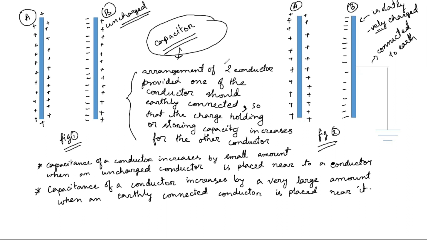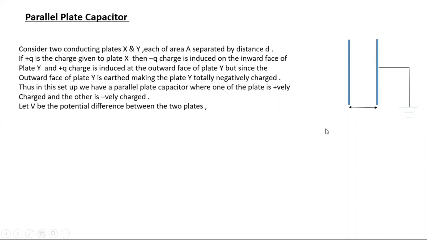Now when we talk about capacitors, there are various types. We have the parallel plate capacitor, the spherical capacitor, and the cylindrical capacitor. One by one we will be discussing how these conductors are arranged, and how we can get the expressions for the capacitance of such parallel plate, spherical or cylindrical capacitors.